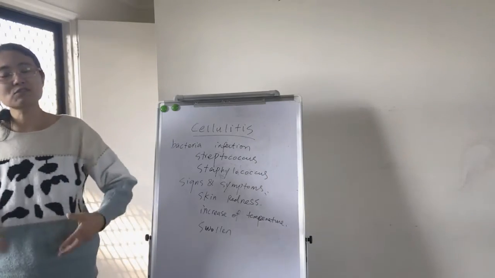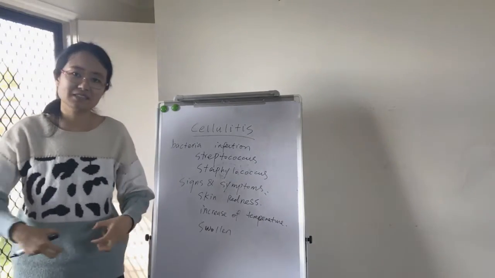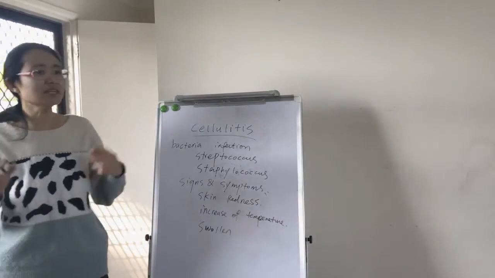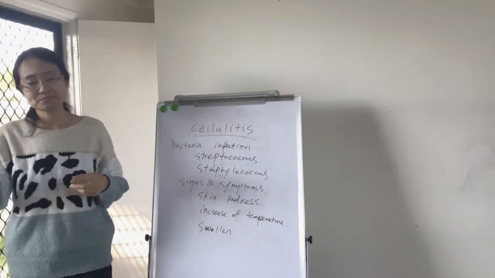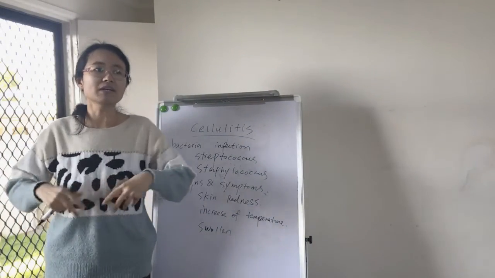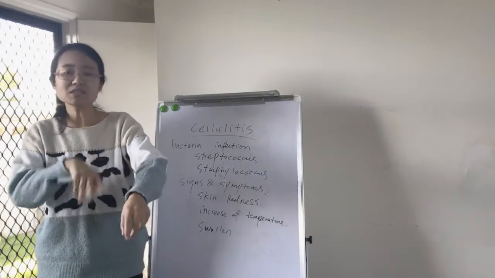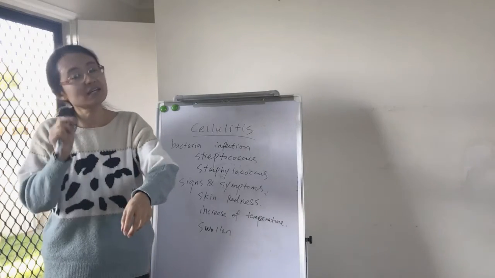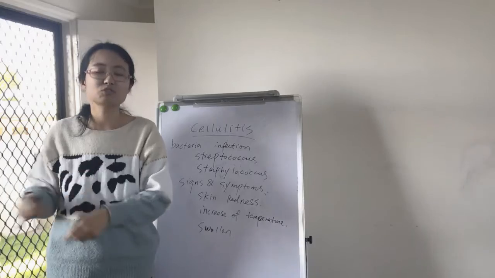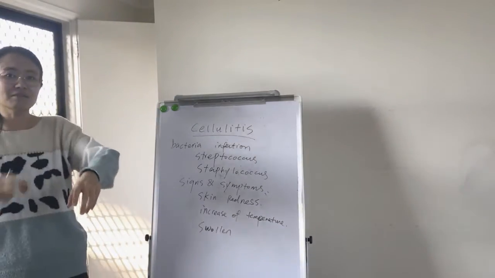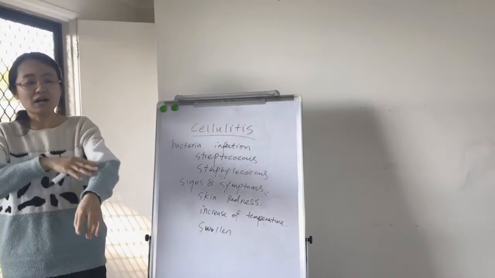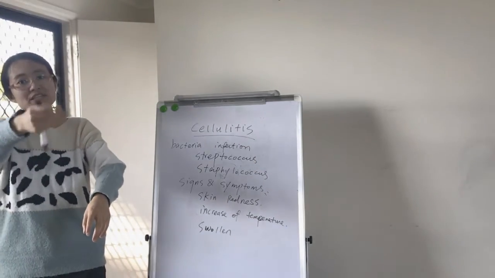So that's why it is really important to protect the skin and to maintain skin integrity. And we know that elderly people normally have very dry skin. When the skin becomes really dry, it becomes easier to break. Skin is a natural barrier to help our body prevent bacteria.